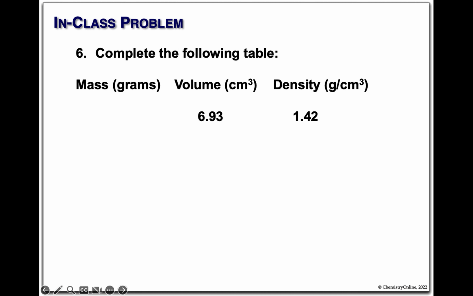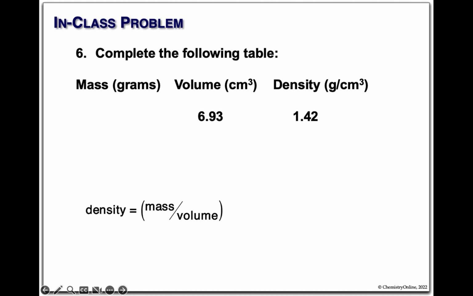All right, a table. It's a density problem. We have a tutorial for this. We are missing mass, but we know volume and we know the density. Remember, you get your 3x5 card, right? And if you happen to forget, density is mass divided by volume. You can write it in the corner. Small.